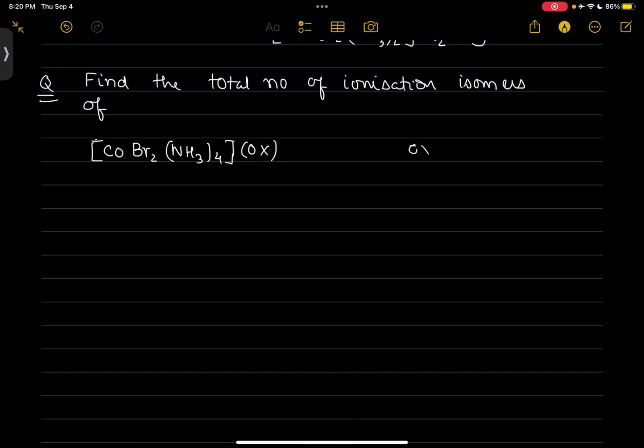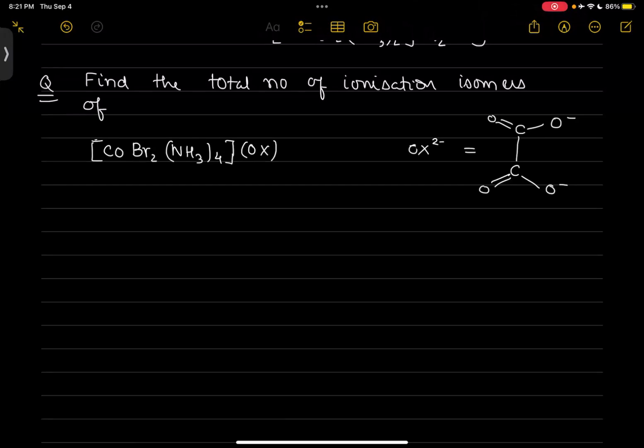So why am I asking? This is -2 and it has this structure. So when it connects to the metal, it connects by giving two lone pairs. That we know. The coordination number of the cobalt is 6.